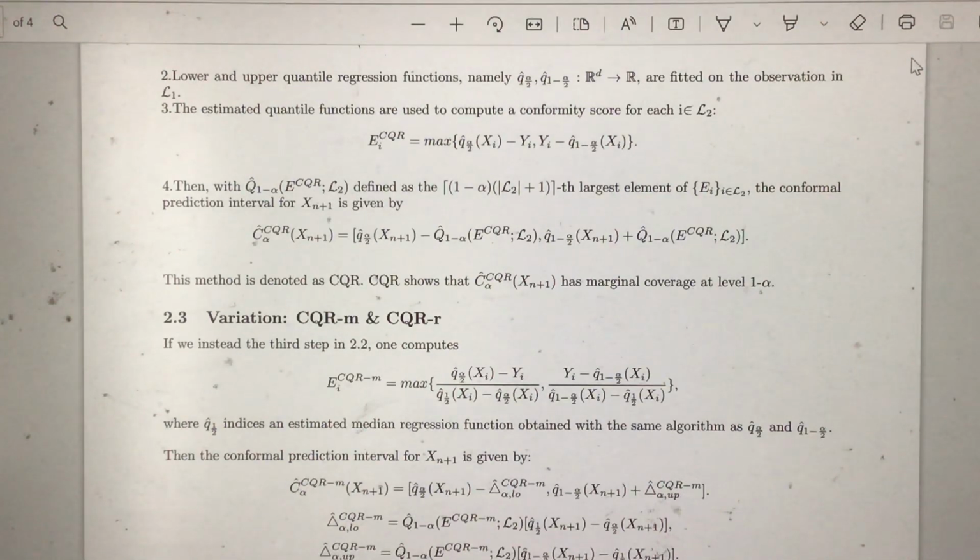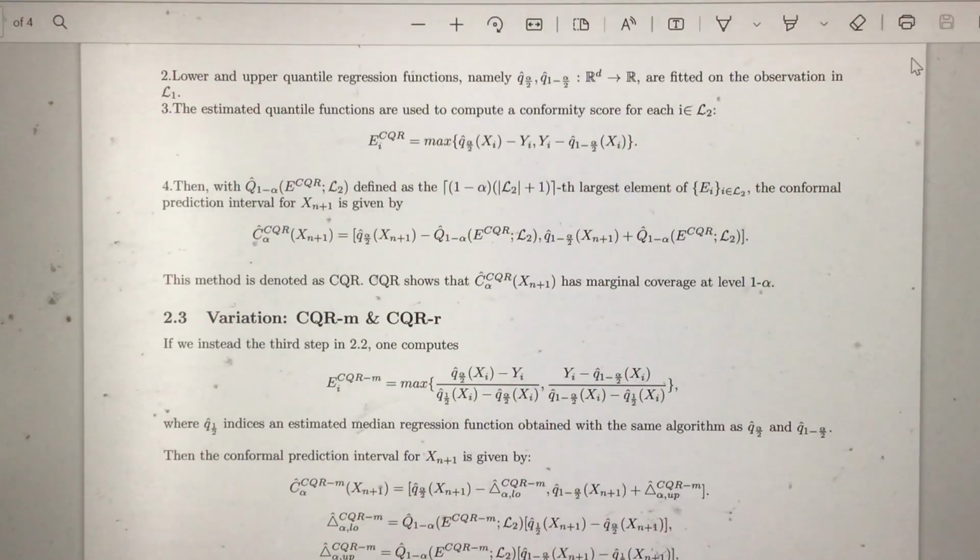This conformity score will be the maximum of q hat half of alpha minus yi, and yi minus q hat 1 minus half alpha. And then we can get the Q hat 1 minus alpha of the Ei over L2. This is defined as the ceiling of 1 minus alpha times the absolute value of L2 plus 1, largest element of the Ei.